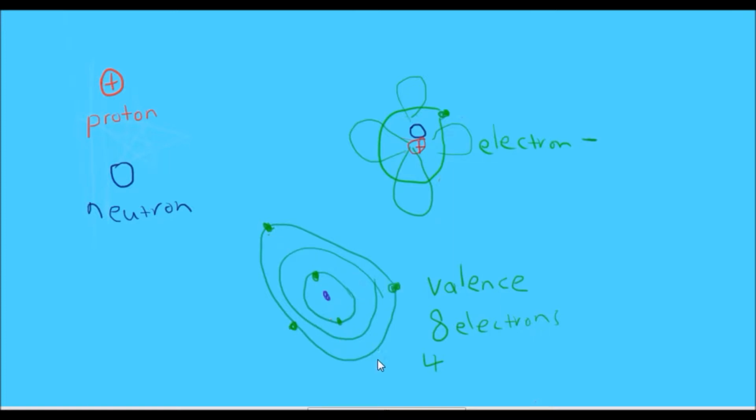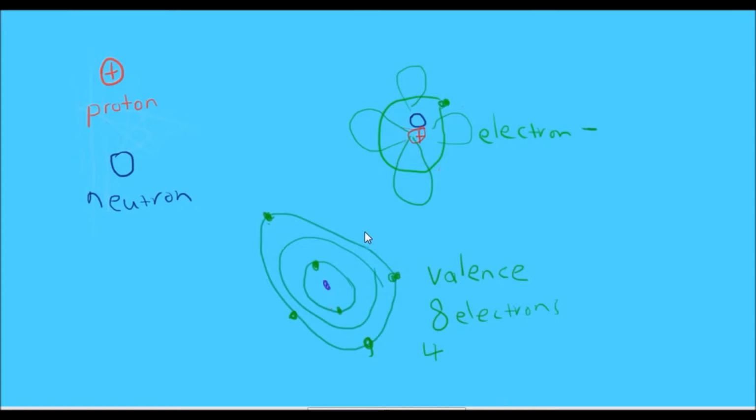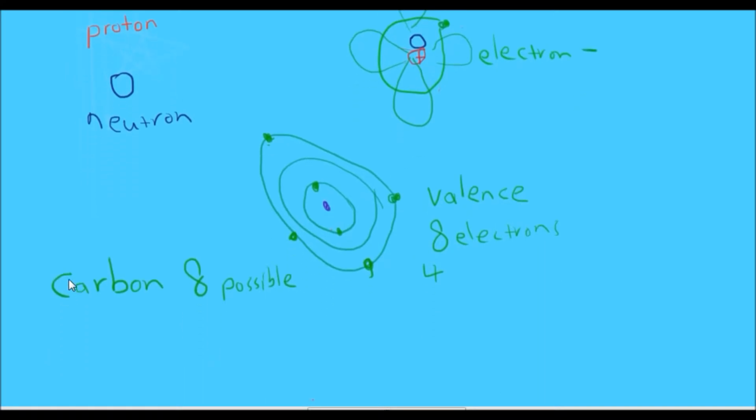And in fact, this is the case, for example, with a carbon atom. So carbon's outermost electron shell can hold 8 electrons, so we'll say 8 possible. However, to balance the positive and negative charge, carbon only has 4 electrons in its outer shell. Now what this means is that there's like a space or hole for up to 4 electrons to be added to the carbon atom, or those final 4 could be stripped away from the carbon.